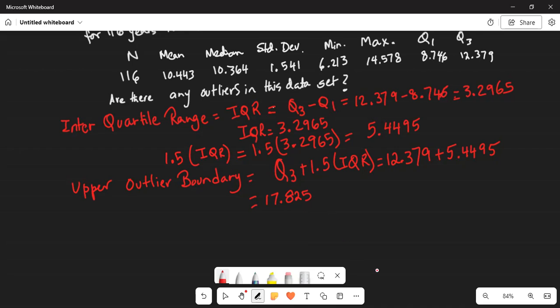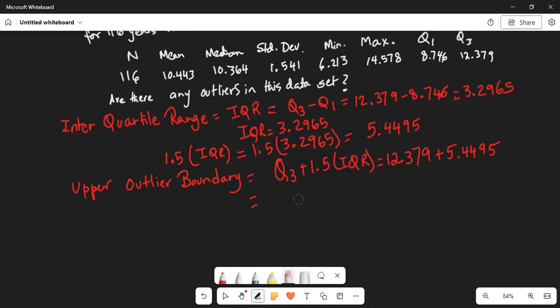So let me make sure I've done this correctly. The interquartile range is 12.379 minus 8.745, and that is equal to 3. Oh, I made a mistake.